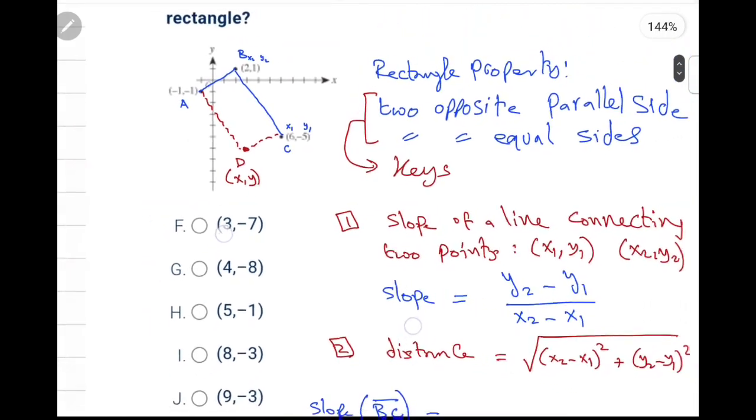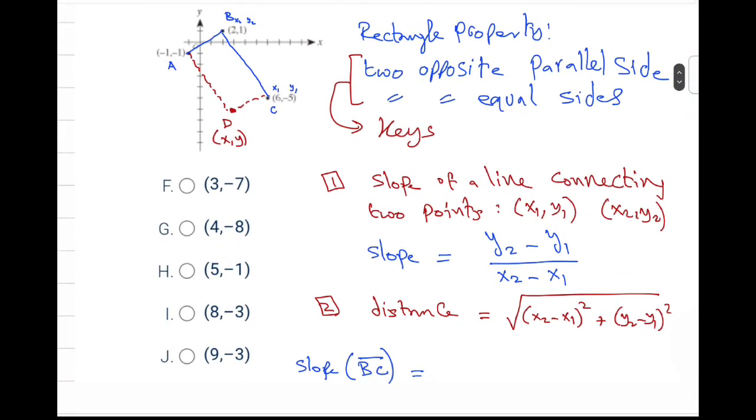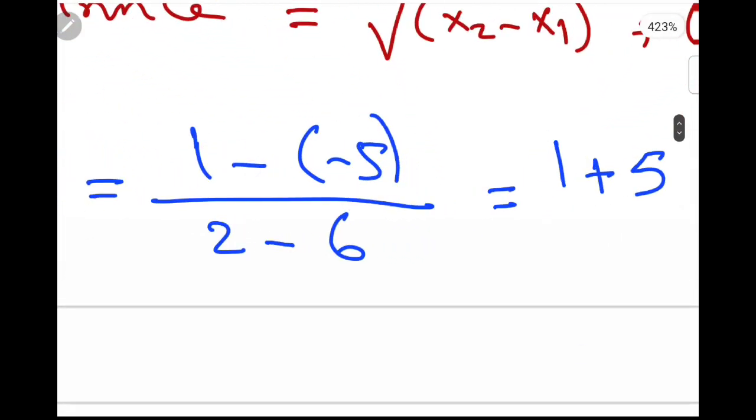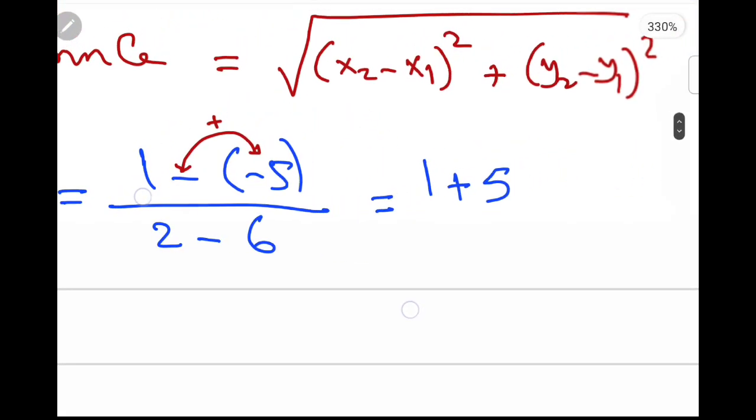So in this case, we know that the slope can be written as y2 minus y1, so 1 minus minus 5, divided by x2 minus x1, which is 2 minus 6. The answer will be 1 plus 5. Remember, when we have a minus and a minus, this becomes plus. So 1 plus 5 is 6, and 2 minus 6 is minus 4.